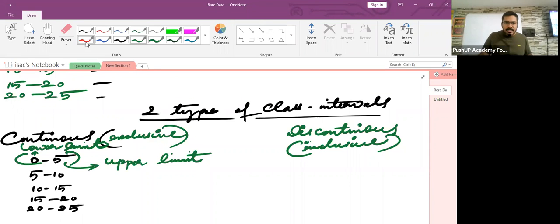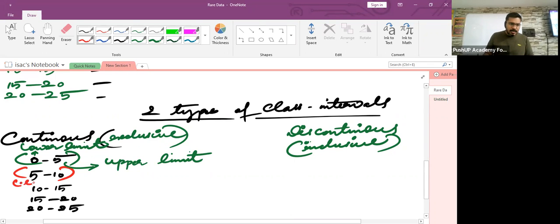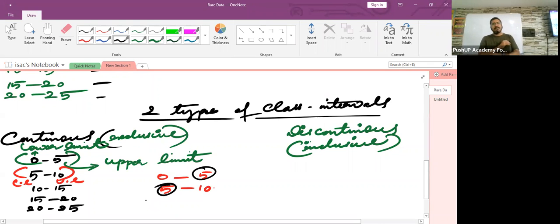Now my next question is, for the second class interval 5 to 10, what is the lower limit? What is the upper limit? 10. Very good. So this is your lower limit and this is your upper limit. Now have a look over here. The first class interval was 0 to 5 and the second is 5 to 10. If I say that the upper limit of the first class interval and the lower limit of the second class interval are the same, will you all agree with my statement?